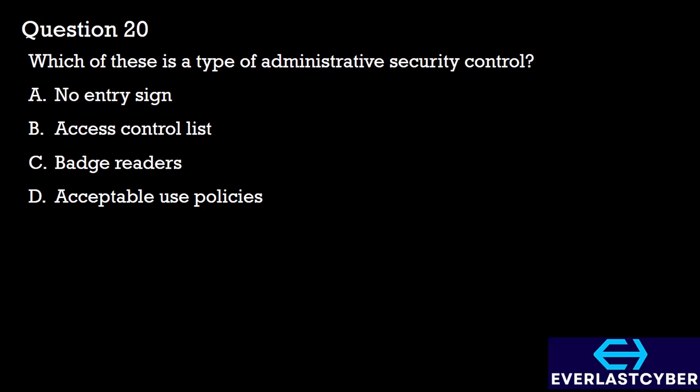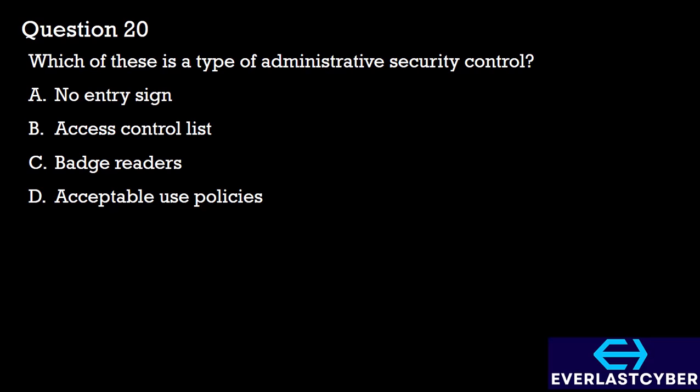Question 20. Which of these is a type of administrative security control? A. No entry sign. B. Access control list. C. Badge readers. D. Acceptable use policies. The no entry sign is a physical indication that communicates a restriction to a particular area.